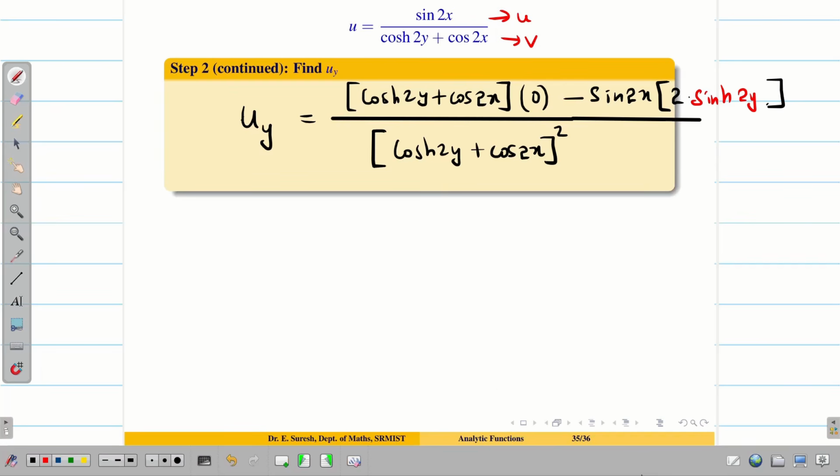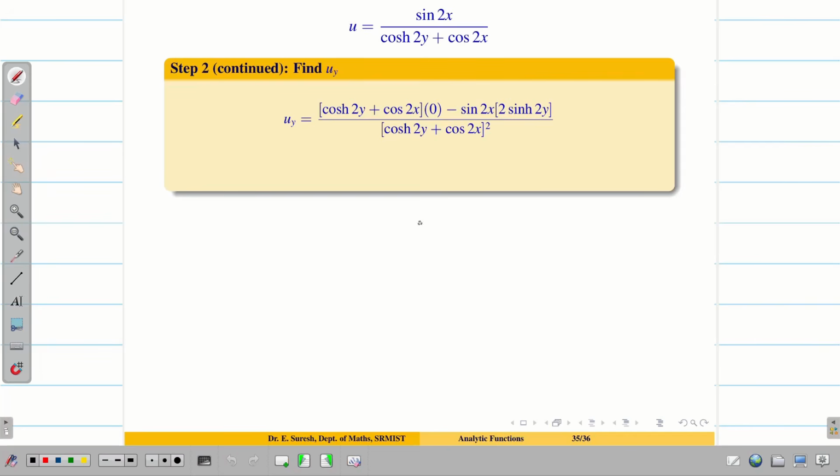Just now we saw differentiation of sinh x is cosh x and differentiation of cosh x is sinh x. We don't get negative. Second term will become 0 because it does not have y. Now 0 into anything is 0. Simplifying this, we can write this as minus 2 times 2 into sin 2x sinh 2y.